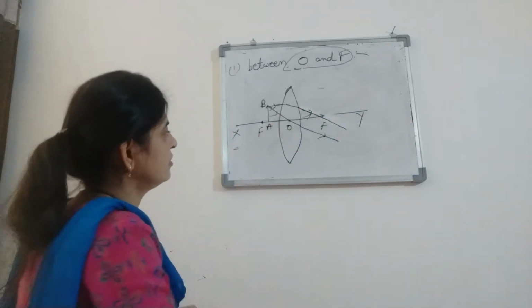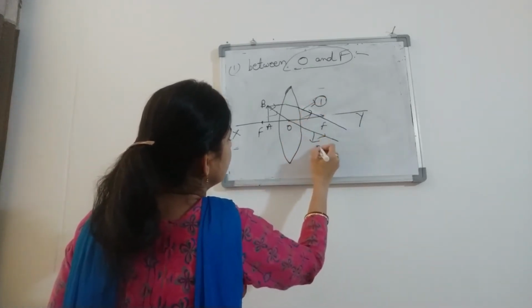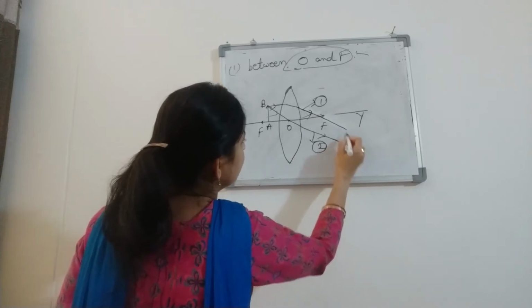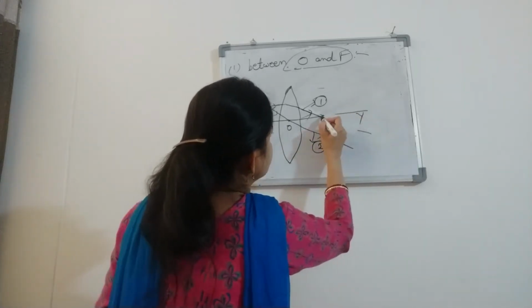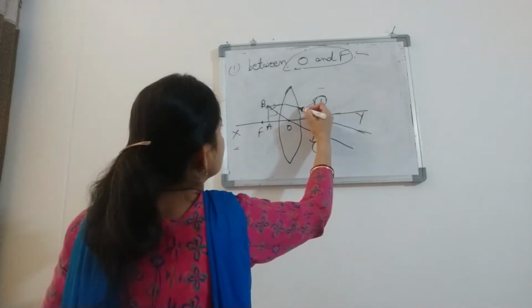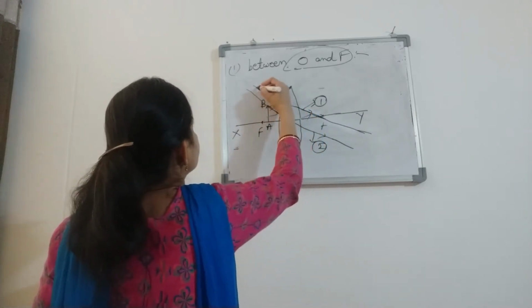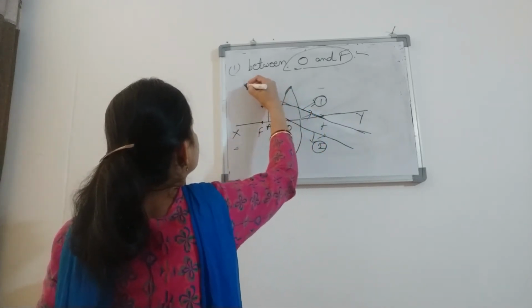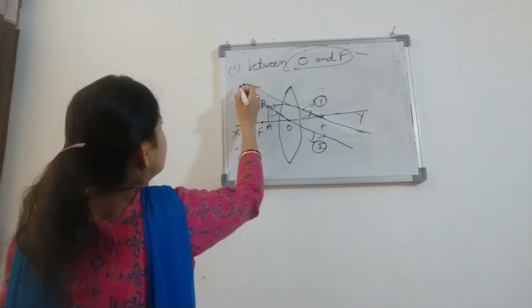Now, mark two refracted rays. This is your one and this is your two. They will never intersect each other. If you extend them, then they will intersect at this point.